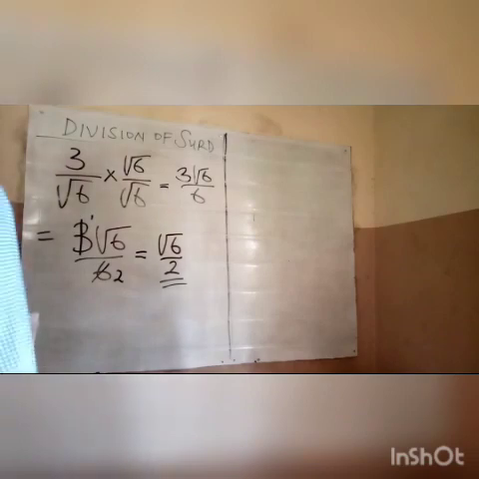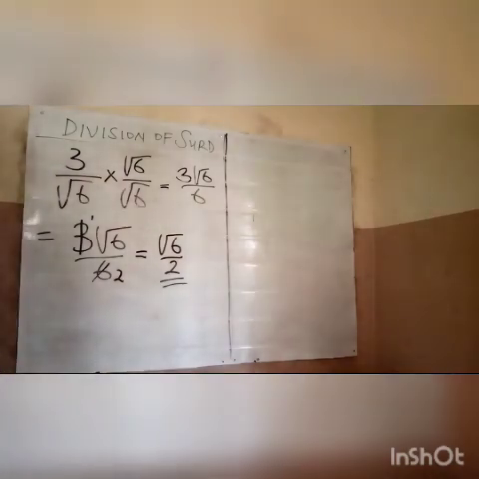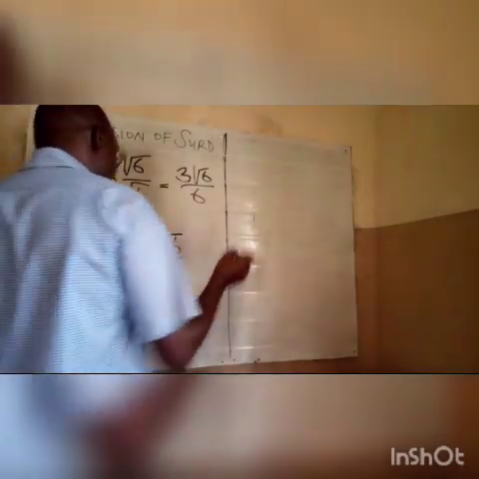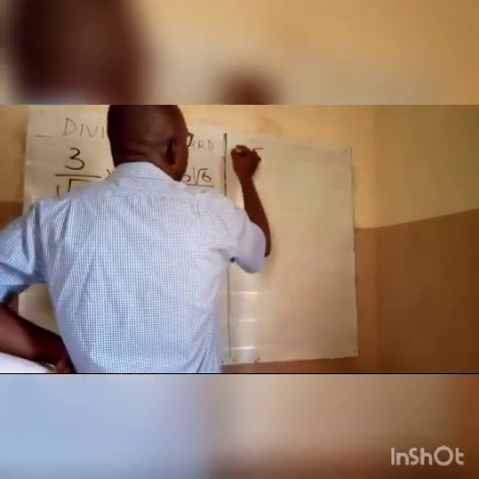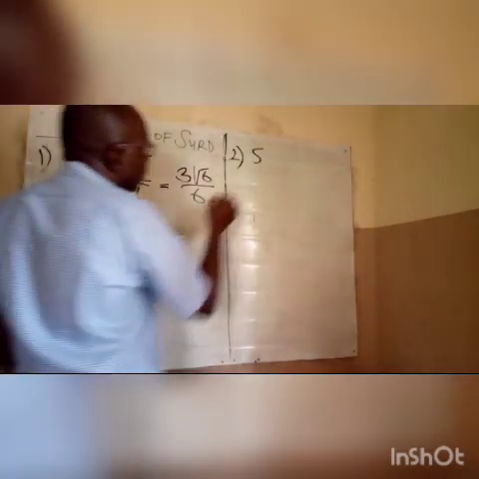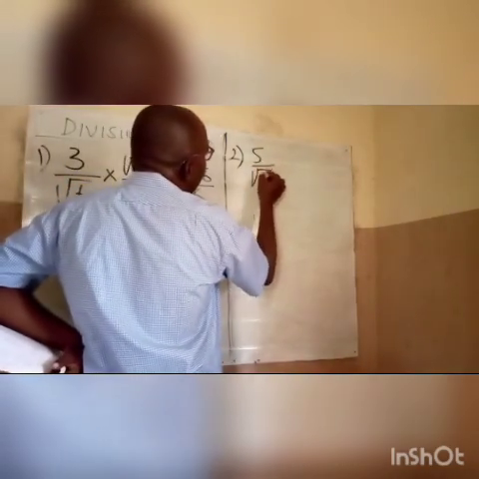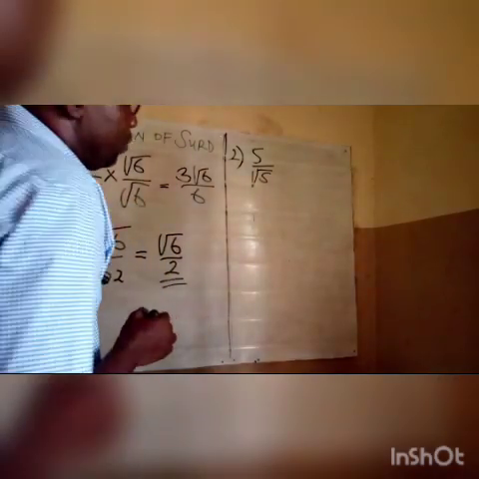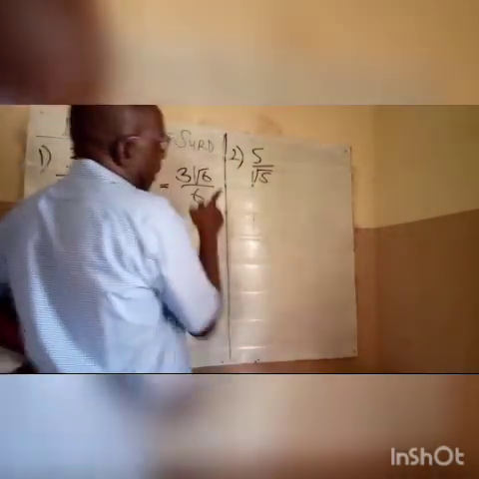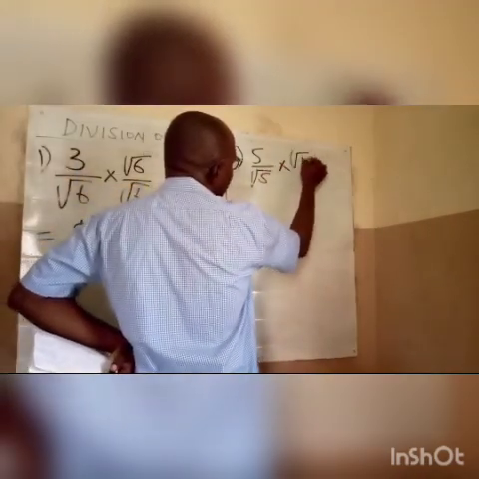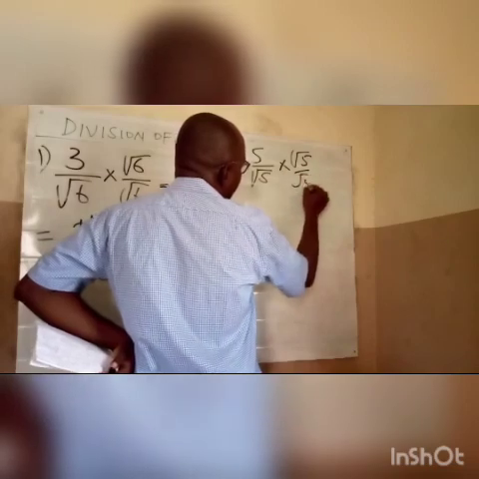But we are going to take higher ones. Or let us take another example, example 2. Assuming that we are given 5 over root 5, 5 is being divided by root 5. You can rationalize it again by multiplying by root 5 over root 5.